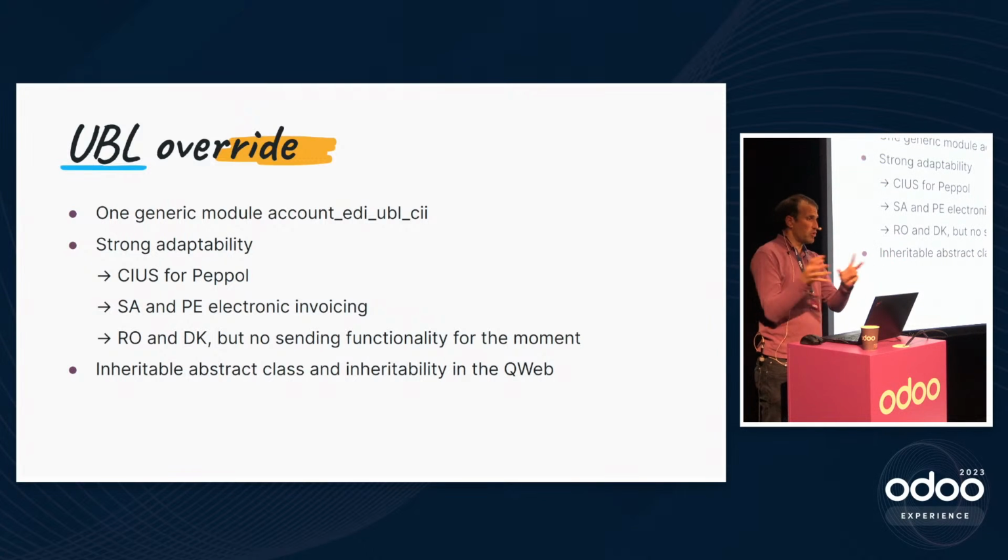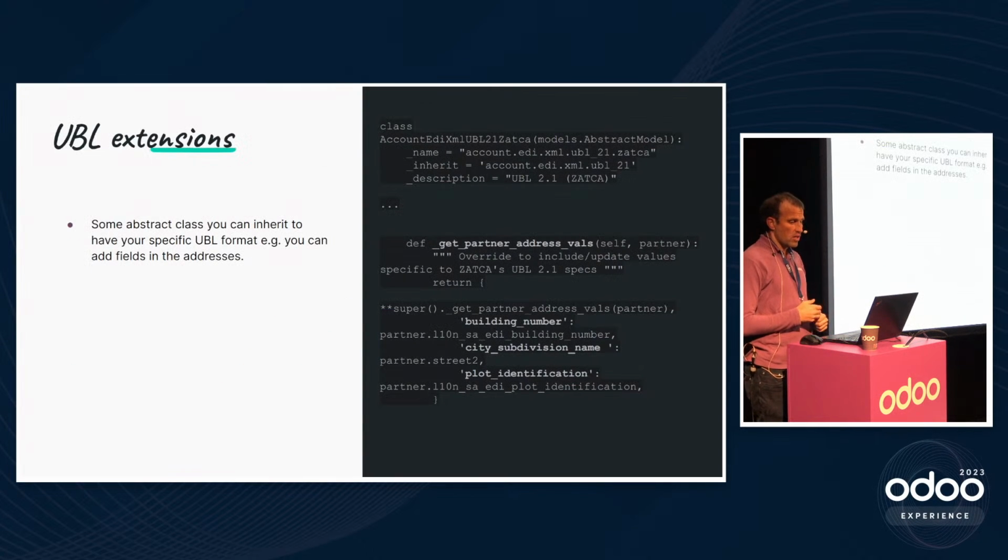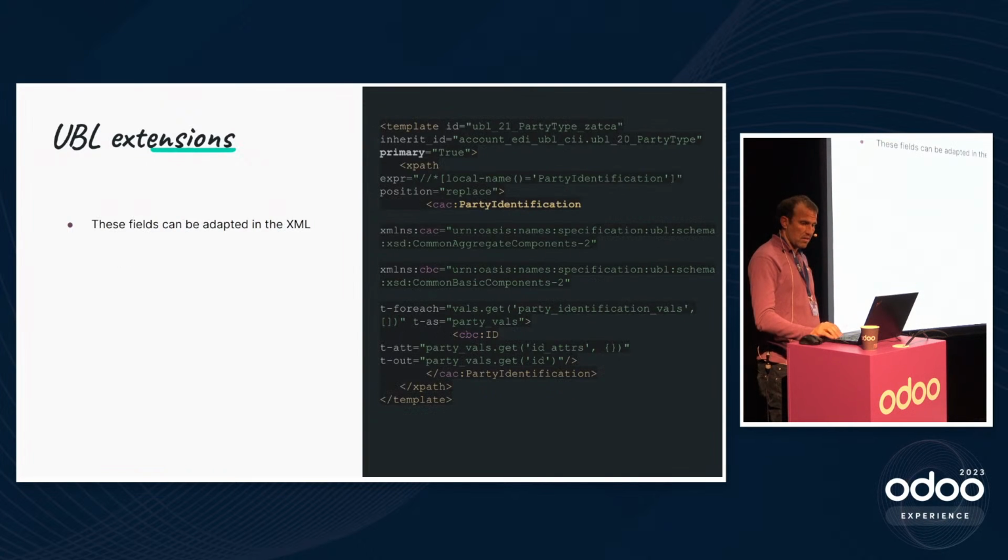So you have a lot of possibility to inherit, and we did this for Saudi Arabia, where, for example, in the address they need a building number, typically also for Egypt, I don't know why exactly, and a city subdivision name and a plot identification that we need to add in the address. We have a method get partner address vals, and we add to that, and then in the XML we also added this.